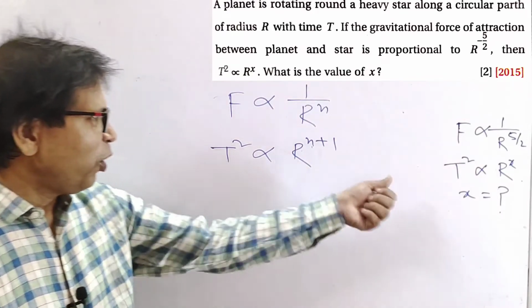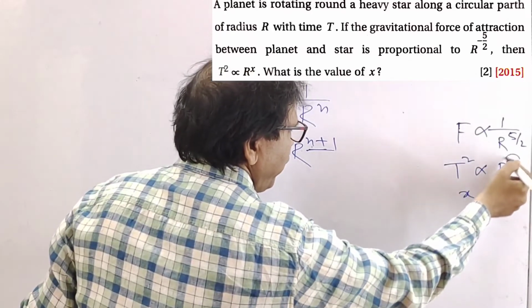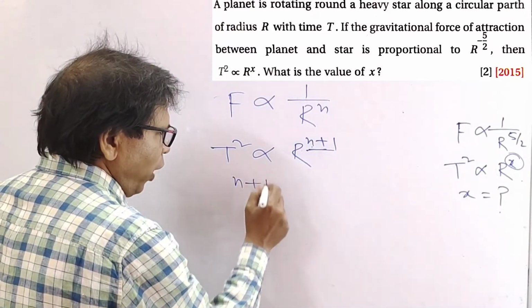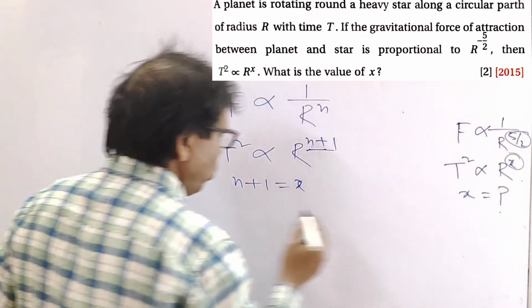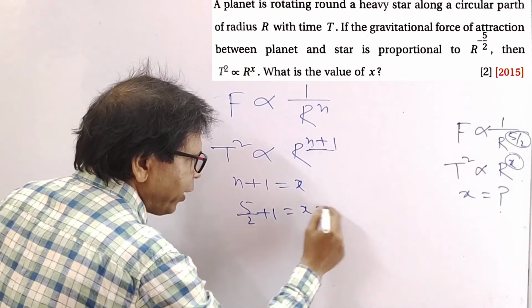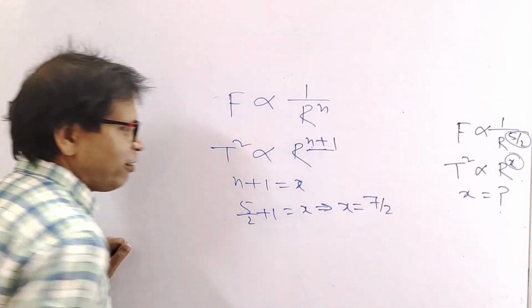Now look at this, here n plus 1 is equal to x, and n equals 5 by 2. So 5 by 2 plus 1 is equal to x. Therefore x equals 7 by 2.